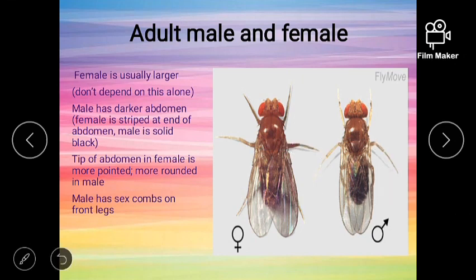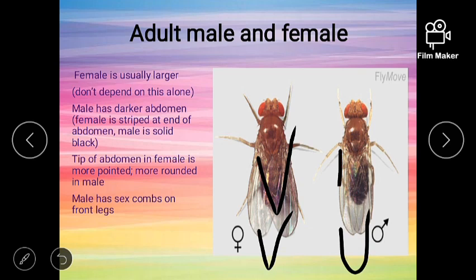Now, the tip of the abdomen. Females have V-shaped abdomens. As you can see here, it is pointed, whereas in males it is U-shaped, meaning it is not pointed. So we can clearly identify whether a fruit fly is male or female according to the color, size and shape of the abdomen.